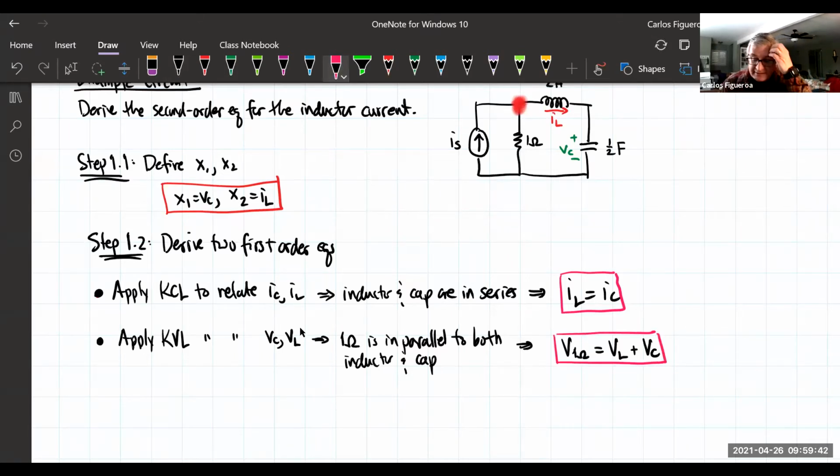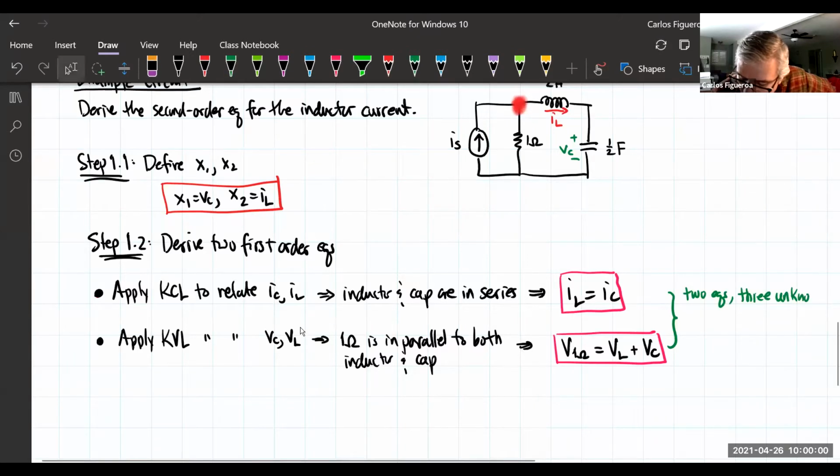So when you're looking at this, note that this is 2 equations and 2 unknowns. Sorry, not what I meant to say. Right here, you could see that these are 2 equations and 3 unknowns.